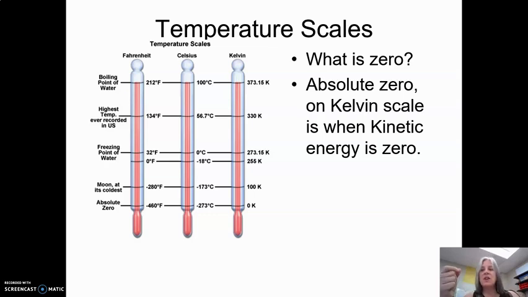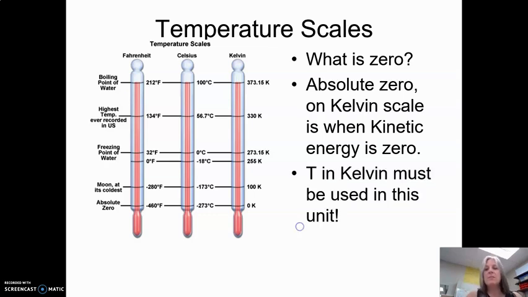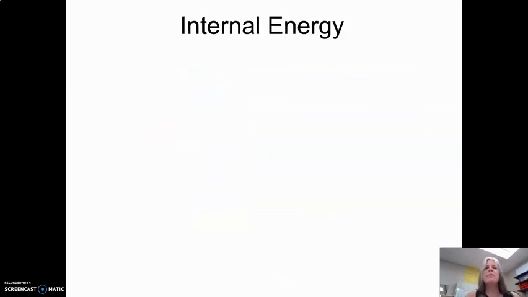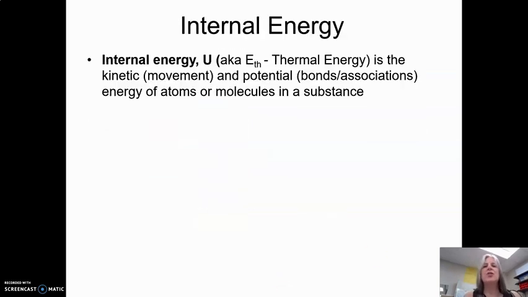So if T is 0 in our average kinetic energy equation, kinetic energy is 0. So at absolute 0, when the Kelvin temperature is 0, all molecular motion ceases. In Celsius, that would be -273 Celsius. So we always have to be in Kelvin because if we were at 0 Celsius, we would still have molecular motion.